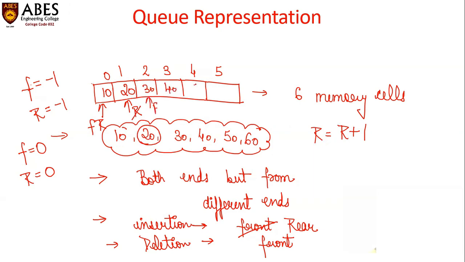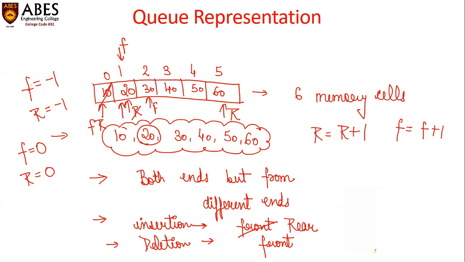For 40, 50, 60, at the end, rear will point here. At the same time, if I want to delete an element from the list, then front needs to be updated by 1. It means the element which comes first will be deleted first from the queue. It means 10 will be deleted from the queue and front will point here.